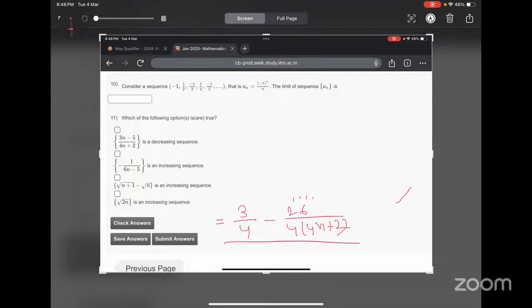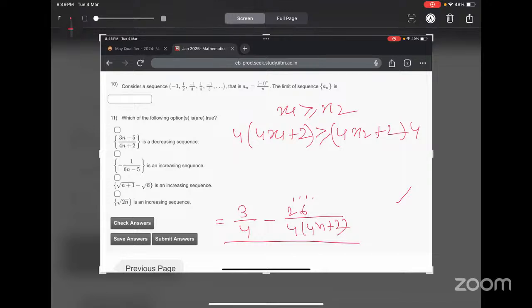If x1 is greater than or equal to x2, then 4x1 plus 2 will be greater than or equal to 4x2 plus 2, right? If we multiply by 4, then it will also be the same, correct?